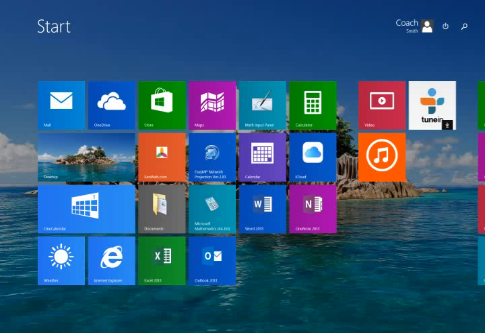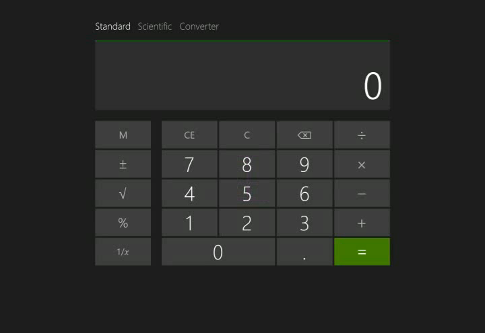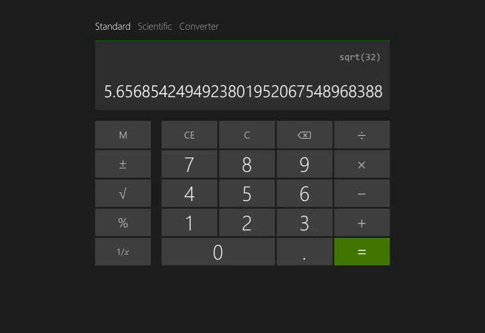All right, for example, I'll show you real quick here. Let's go to the calculator and we say, okay, the square root of 32. That's why it's an irrational number. The square root of 32 is 5.656854249. And you will see that, does it repeat the same digits?